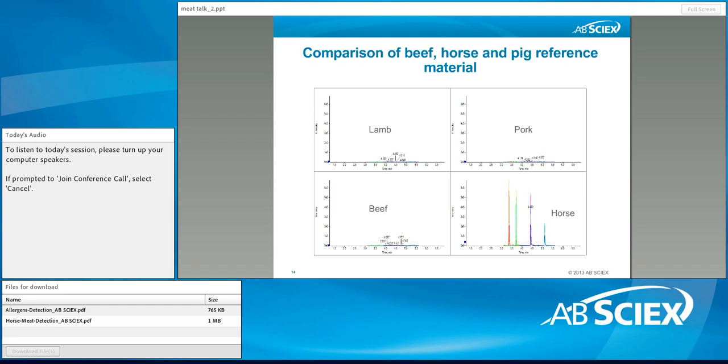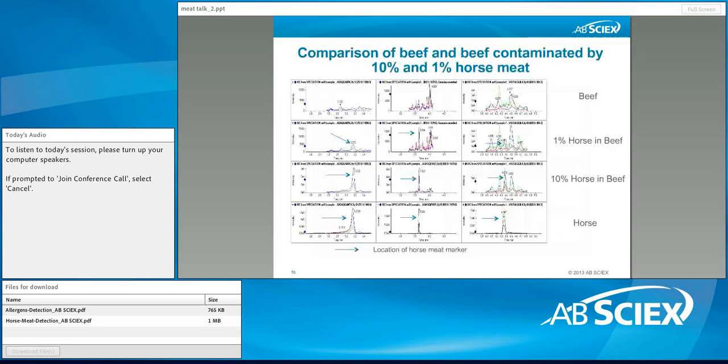And you can quite clearly see that the horse peptides are easily distinguishable, and they're not found in any of the other species. At the moment we're working on producing markers for other species, but there were additional markers present in here for beef, but not so much for lamb and pork, but the horse meat was specific for horse.